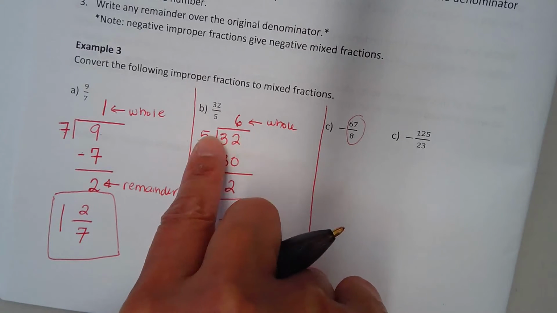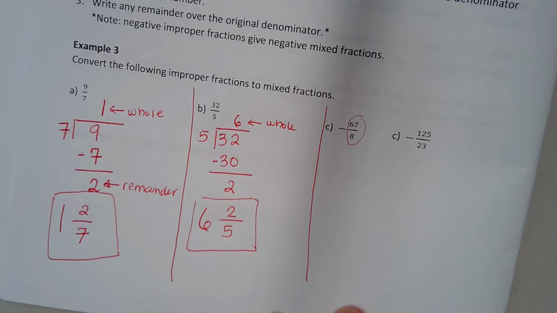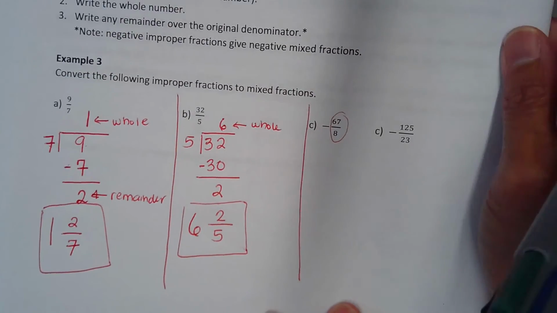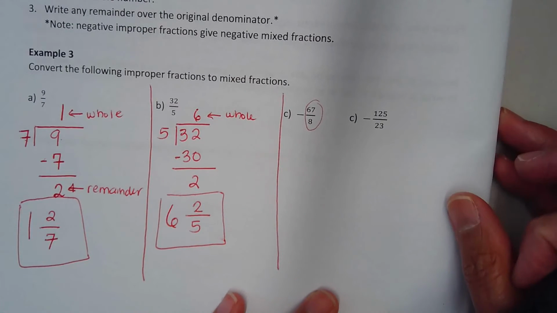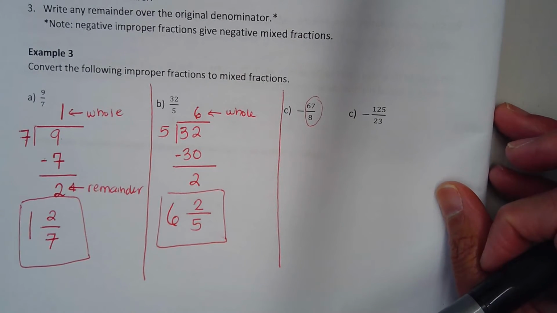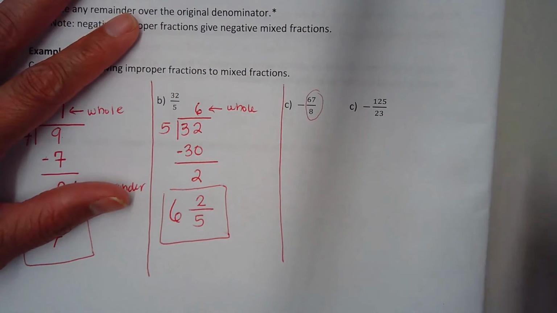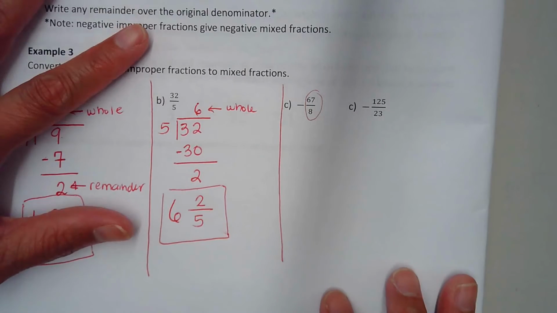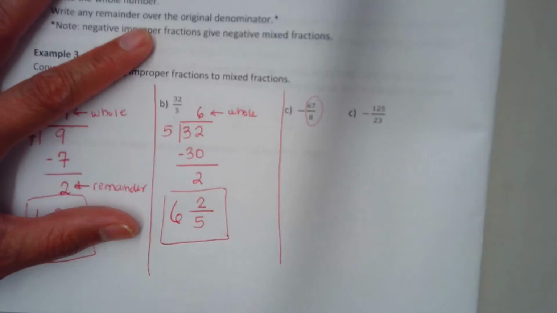You divide and then you subtract to get the remainder. Interesting. Back when we were learning this, our teacher never really explained those little parts, right? What about this one? We're just going to ignore the negative for now, but we will put it in later.